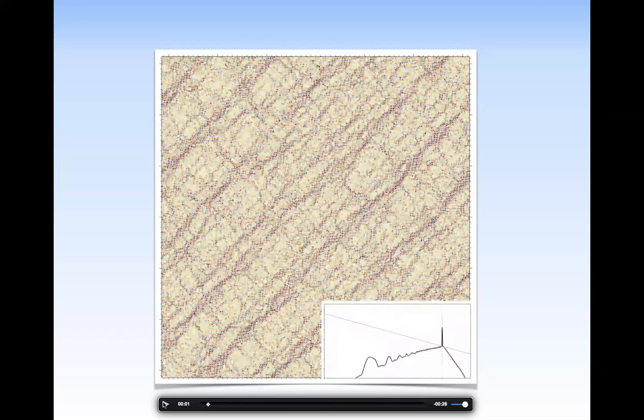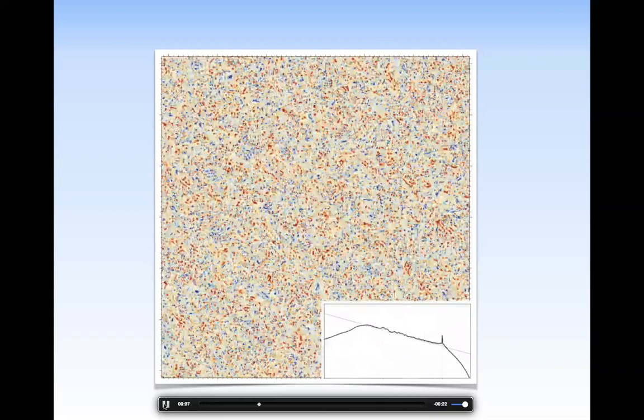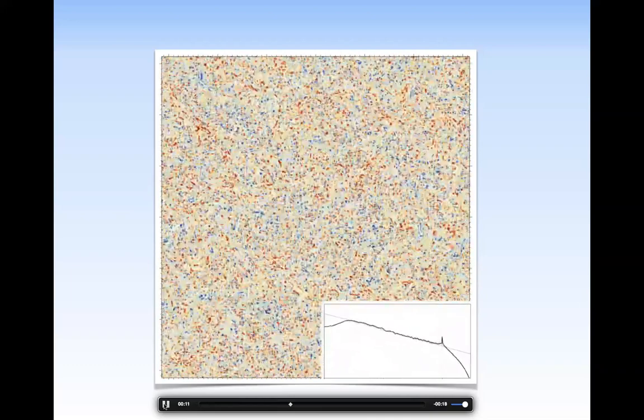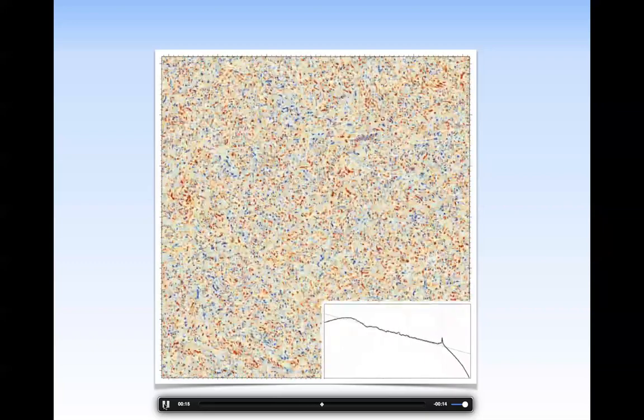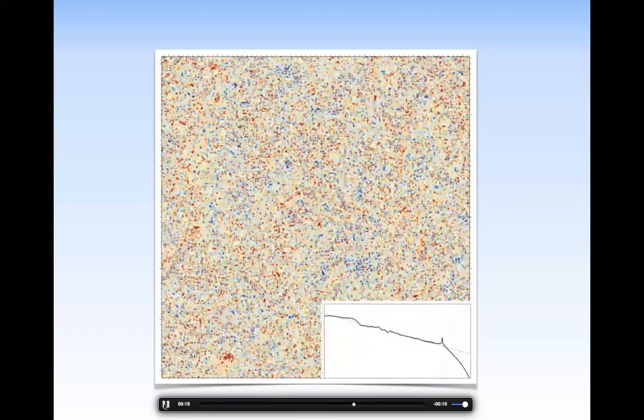If I let this go further, we see a transfer of power towards the left. We have a clear inertial range, and as time passes, this inertial range stretches more and more towards the left of the plot, or equivalently to bigger and bigger scales in position space.